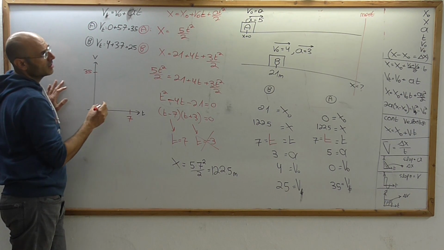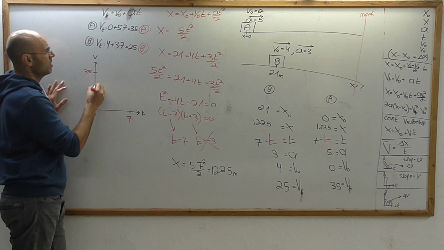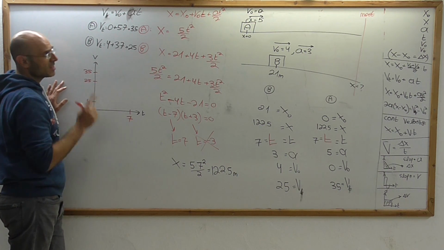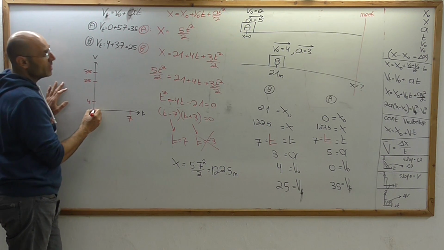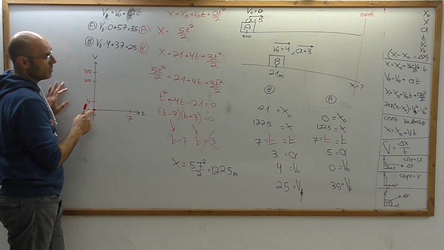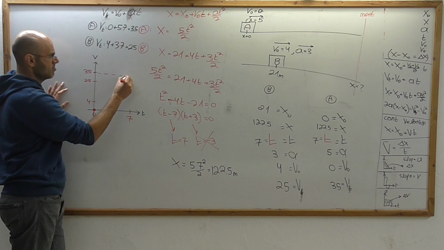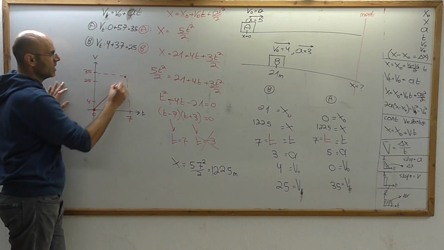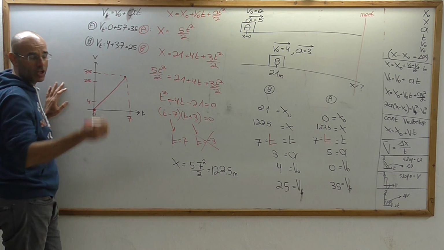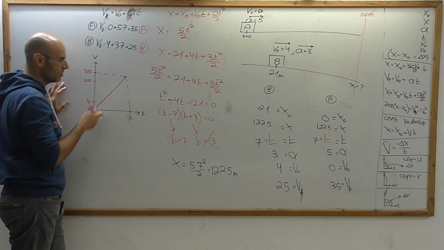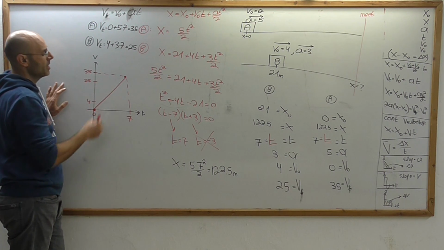The other car starts at 4 and finishes at 25. So let's start with car A. When time was 0, it was 0 velocity. When time was 7, it was 35. Obviously it will be a straight line because the slope is the acceleration and the acceleration is positive and constant.